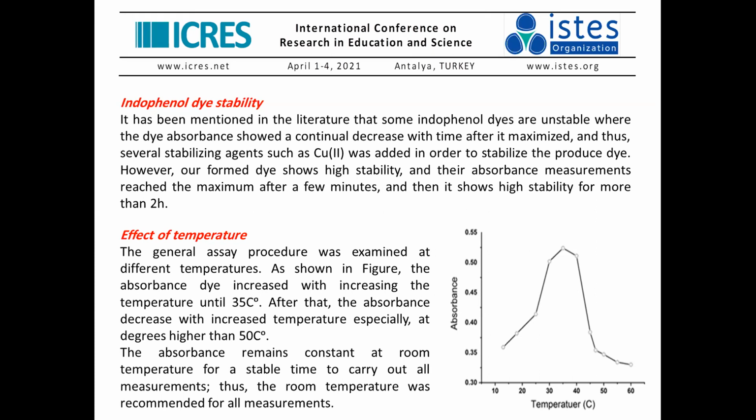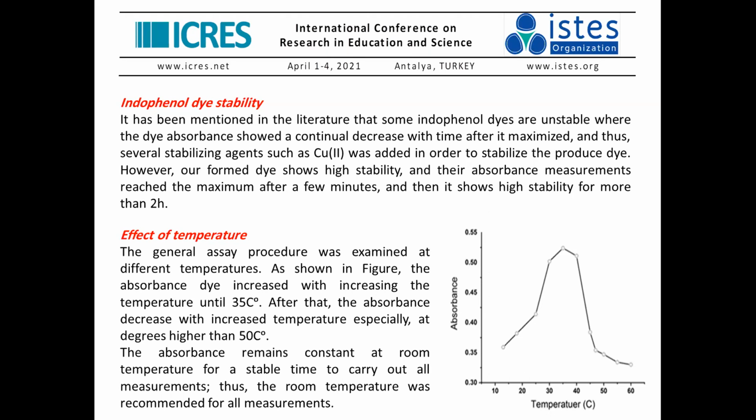The second parameter we studied is the effect of temperature. As you know, we're making a chemical reaction between two compounds, so we have to look at the effect of temperature on this reaction. As we see in the figure on the right, the absorbance of paracetamol with methyldopa increases with increasing temperature until 35, and after that the absorbance decreases dramatically, maybe because the heat damages the dye.